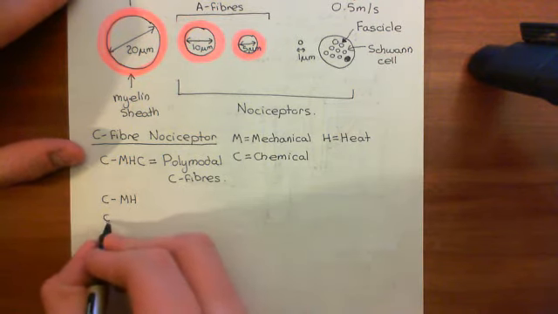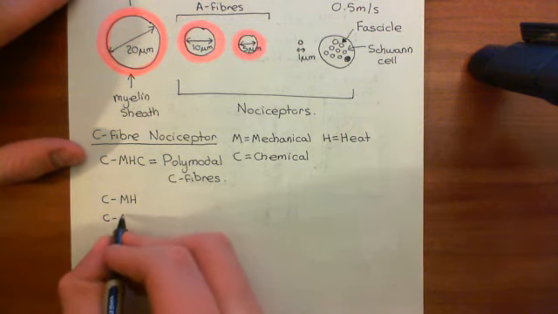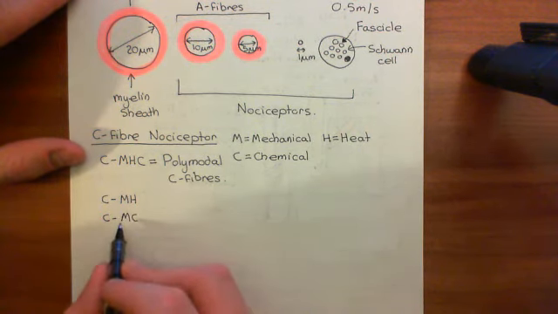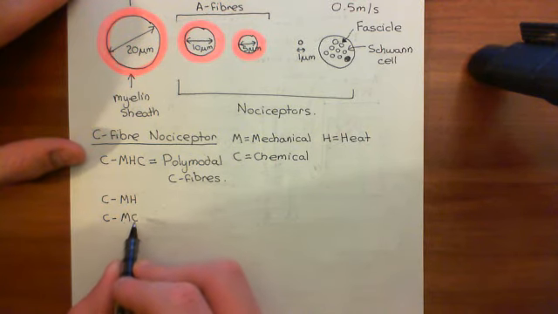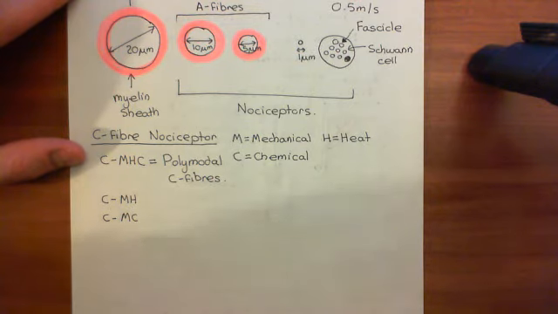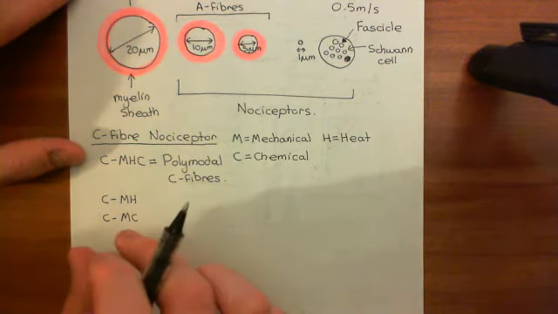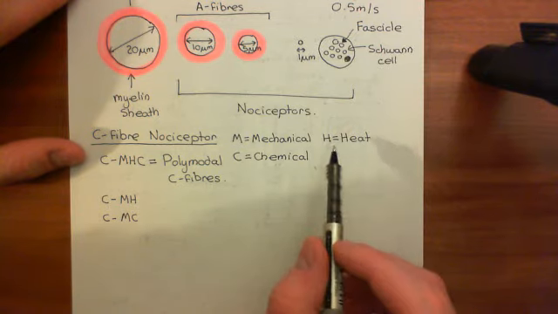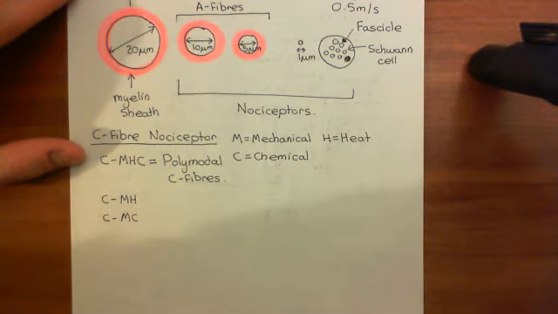Then we have another form which is the CMC. These are the C fibers which will only respond to mechanical stimuli and chemical stimuli which signal tissue damage, but not thermal stimuli. So they lack the nociceptors, which remember are the receptors for the noxious stimuli, that will detect heat stimuli, basically.